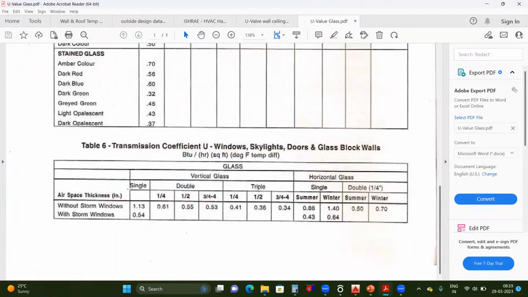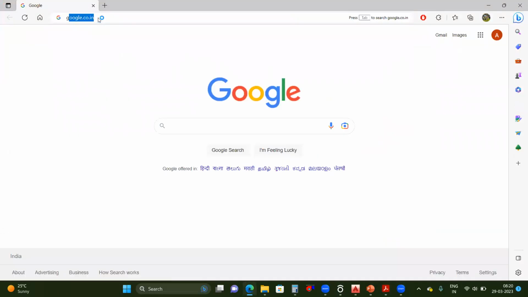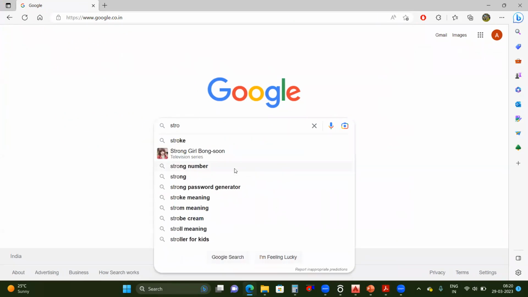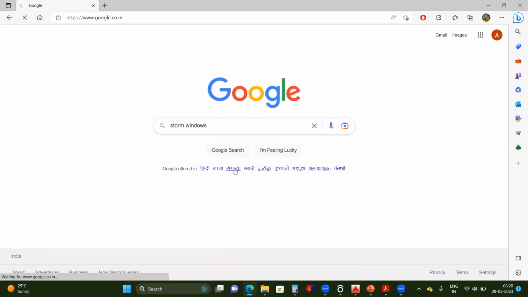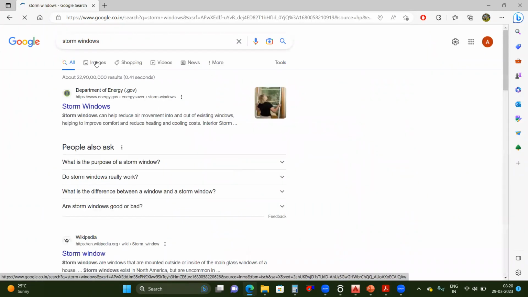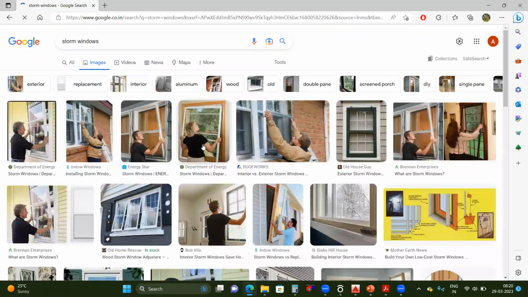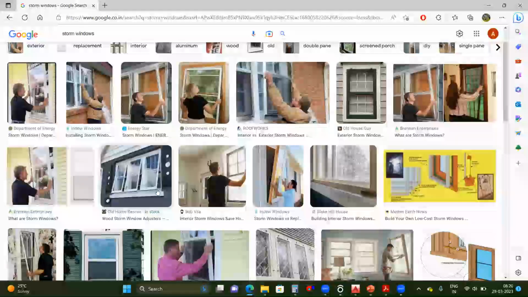Here we have two values, also air space thickness, and without storm windows or with storm windows. I'll show you what storm windows are first. So this type of window we call storm windows.